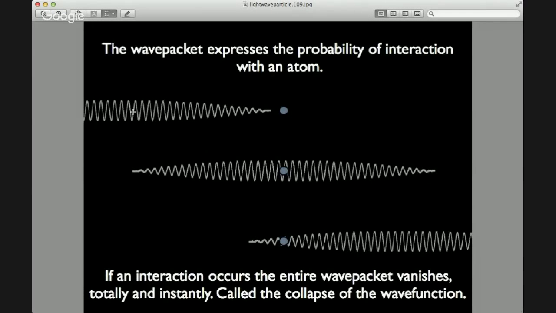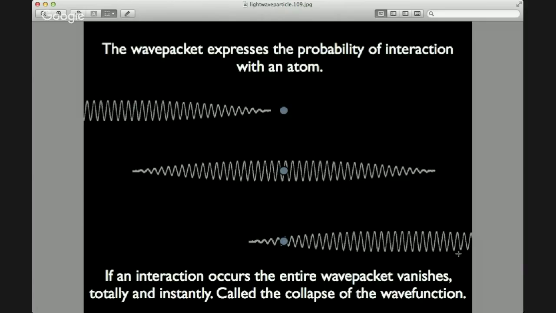So the wave packet is shown at the top here. That is the photon of light. Low probability at the front, building to a high probability in the middle, and then decaying. And the dot in the middle here is an atom. Then the wave has moved halfway past the atom, and finally the wave is departing the atom entirely.